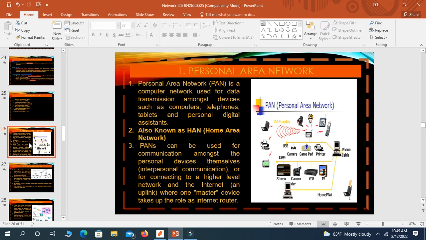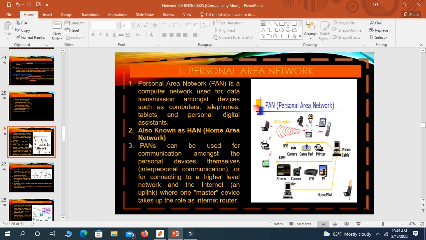It's a computer network used for data transmission amongst personal devices.